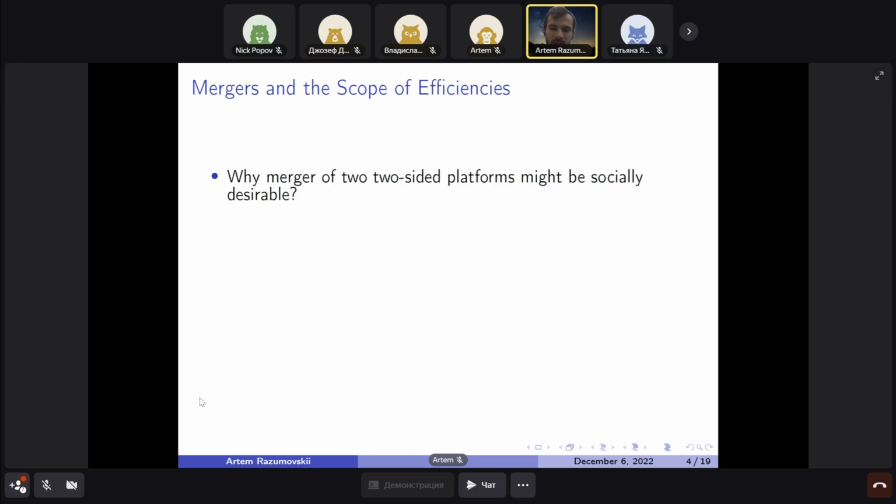Just merging two platforms, we will increase the social welfare substantially, because if it's a symmetric case and we just double our agents on one platform, then we increase network effects twice, right? Merging the platforms. But what could be the negative effect here?